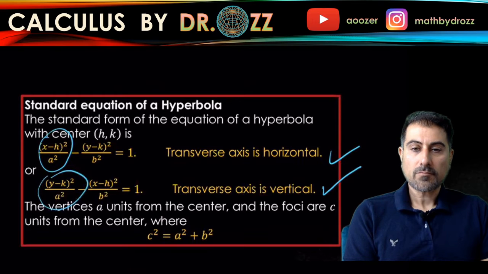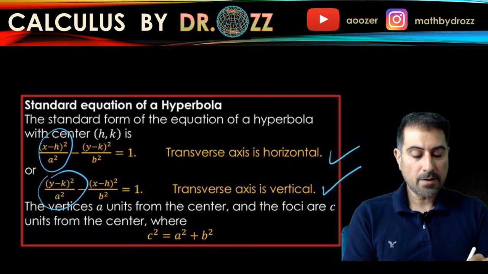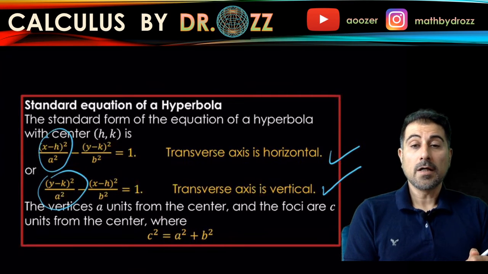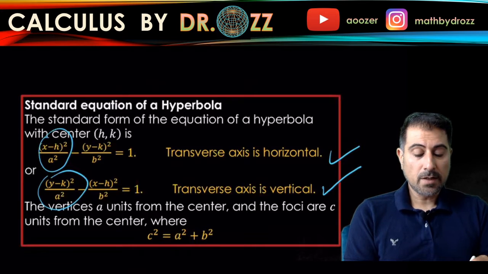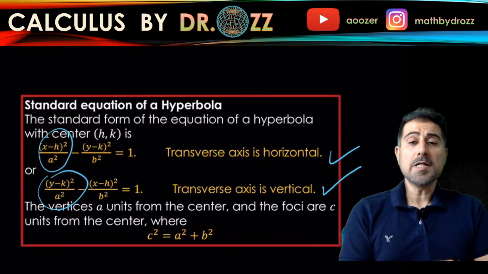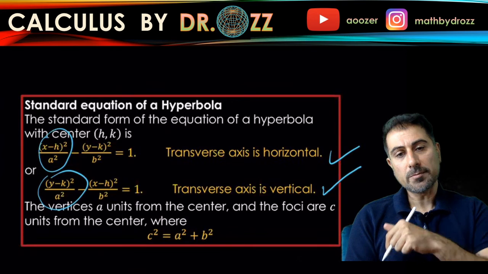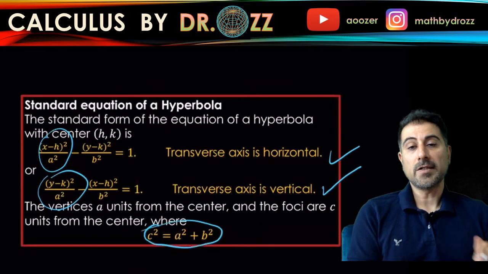And the vertices are a units far from the center, the foci are c units far from the center, and different from the ellipse case, c squared is the sum of a squared and b squared, because in the ellipse case, that was the difference of a squared and b squared, okay?